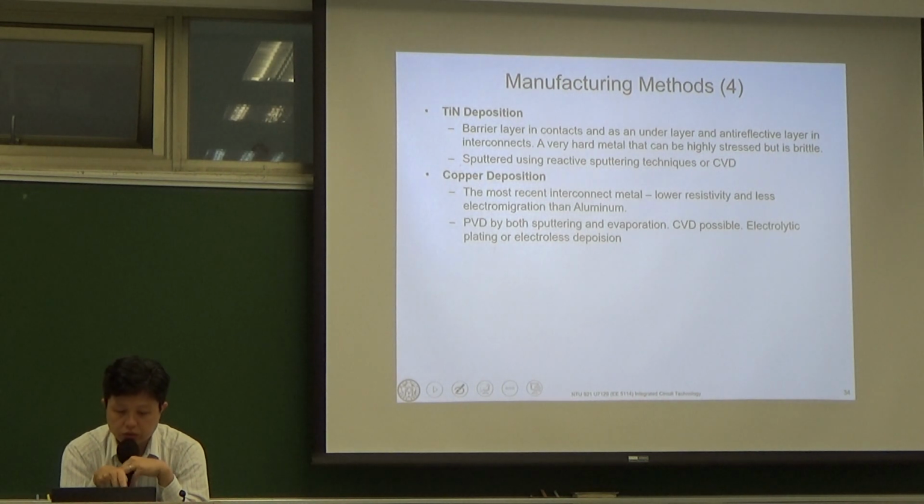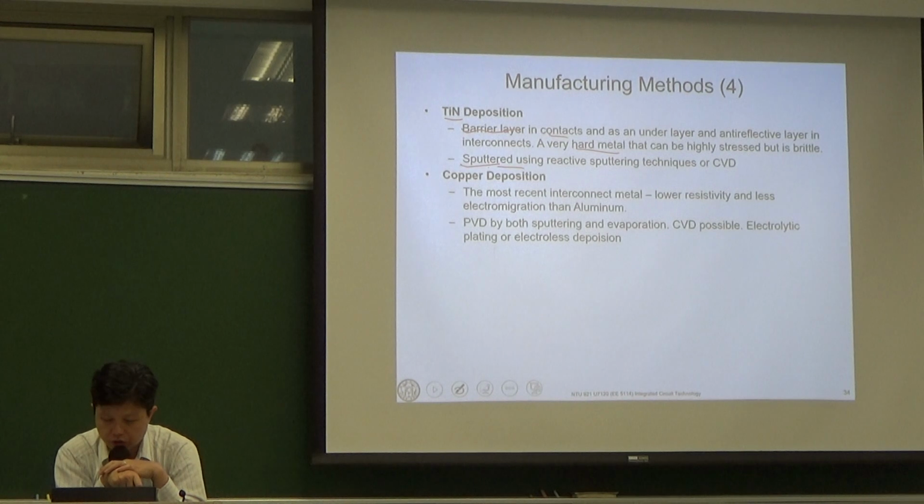But this is true for some old technology nodes. So titanium nitride is a barrier layer in contacts, to reduce some diffusion issues. It's a pretty hard metal, so we can use sputtering or CVD.